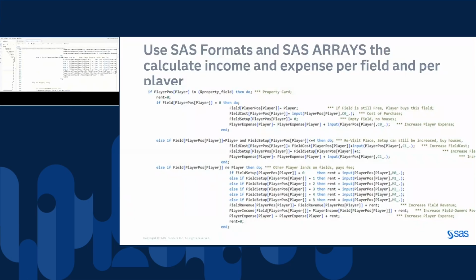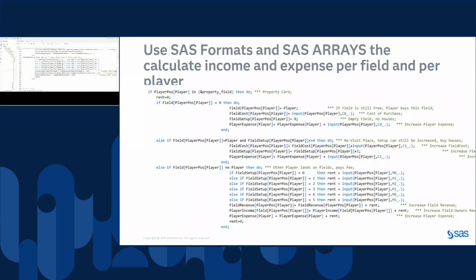This is if it's not owned by someone. If it's already owned by someone else, not me, I need to pay. So if it's owned by a different player, meaning the actual player is not the same as the player on the field, then I need to ask, what is the setup of the field? Do I have 1 house, 2 houses, 3 houses, no house?